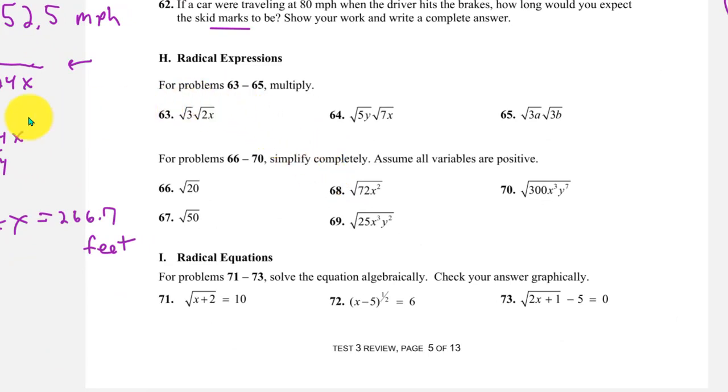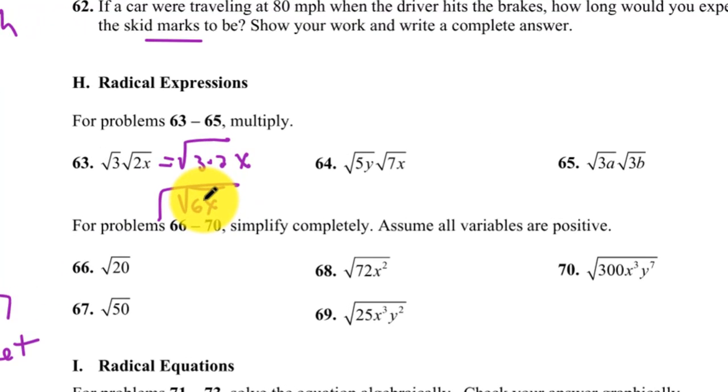63 to 65. So we can put all of this under the radical sign, right? 3 times 2x, which then becomes the square root of 6x as your final answer. Let's write that neater.